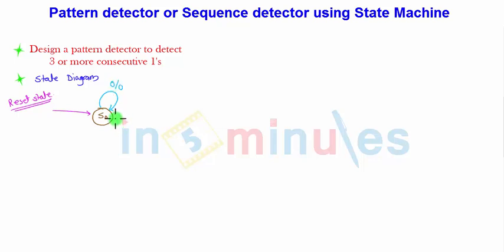If the input is 1, it will move to another state, state number 1, S1. For input 1, the output will be 0. Why? Because the whole sequence is still not detected.